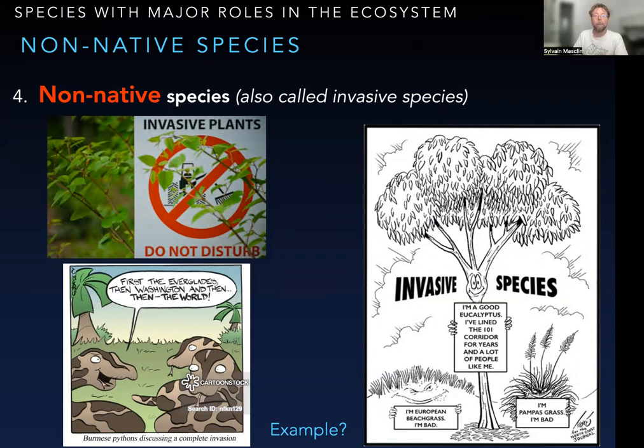But still, they usually tend to do better in the environment. We will see the reason why in just a little bit, but they usually tend to thrive in new environments. And one local example of an invasive species in Merced would be the eucalyptus tree. I don't know the reason why the city has decided to have eucalyptus trees, but they tend to be very resistant.